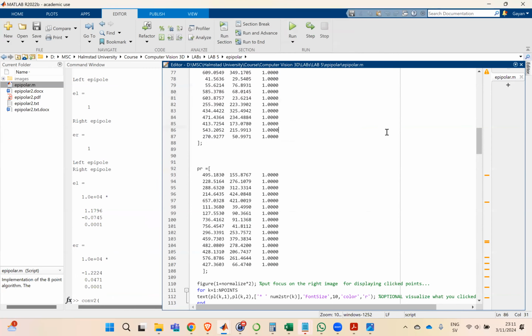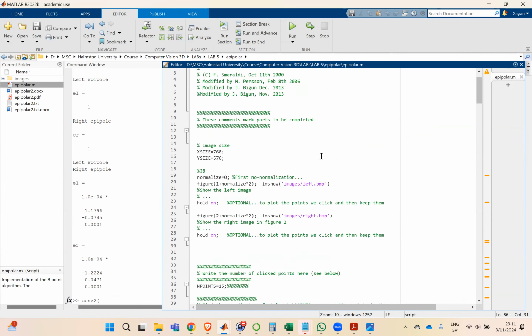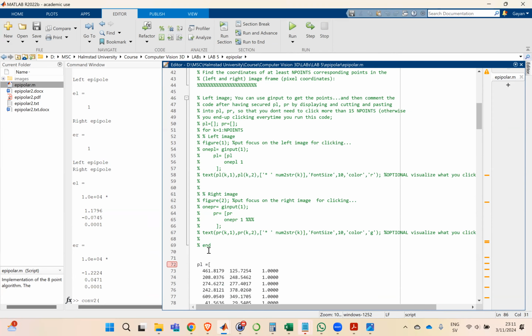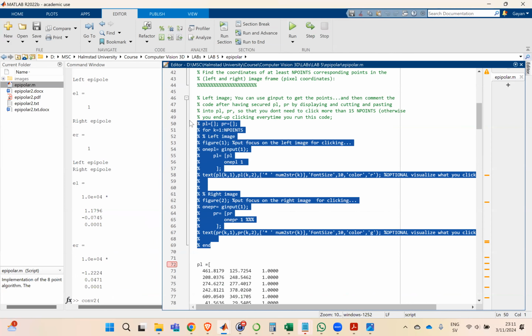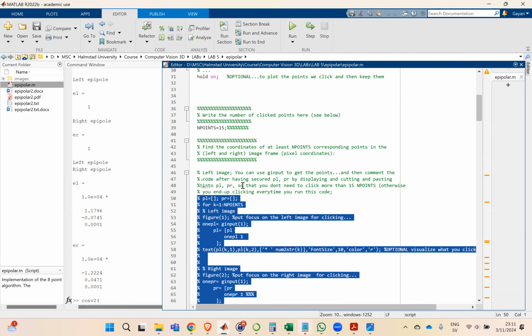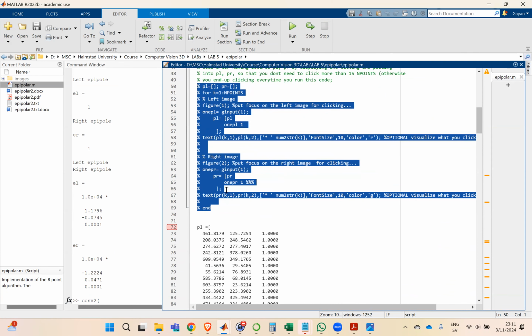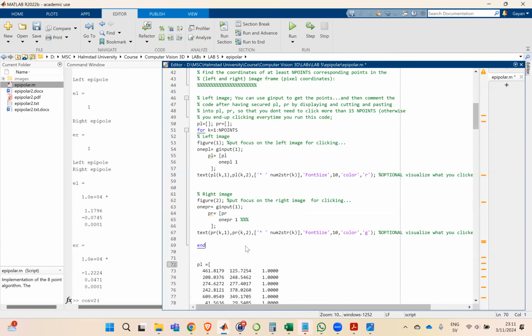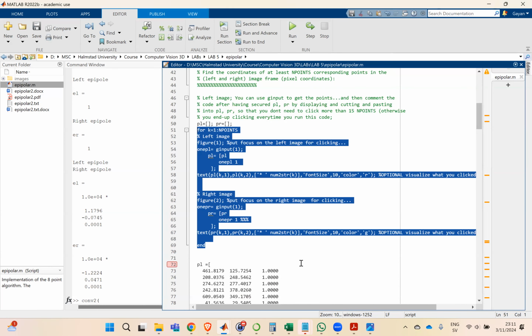There's one program in here, and this program allows us to take the points from both sides. So I uncomment this part and I will save it and I will run it up to here. So this part will allow us to take points from left and right. Because first thing is we need to pick the points on left and right, columns and rows, and then we need to construct the Q matrix.